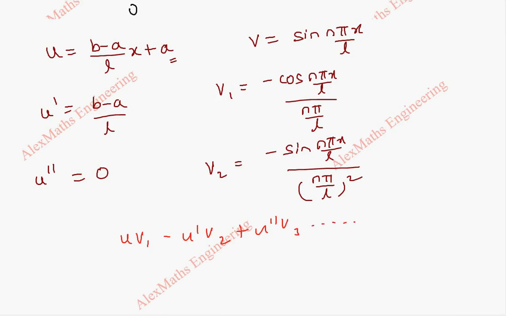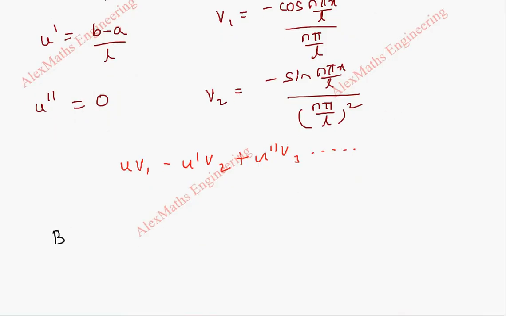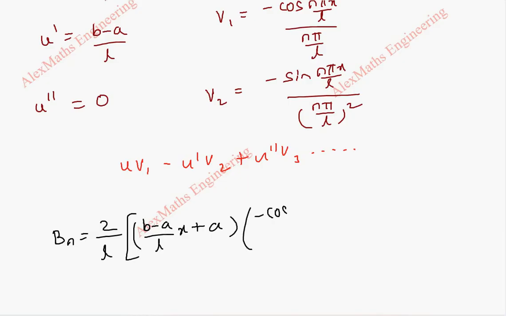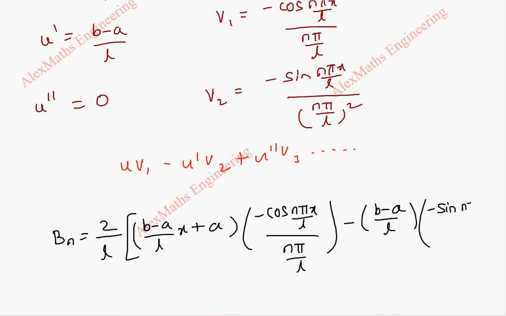So we have Bn, with 2 by L outside, u is b minus a by L x plus a, the whole thing into v1, which is minus cos(n pi x by L) by n pi by L, minus u dash, which is b minus a by L, into v2, which is minus sin(n pi x by L) by n pi by L whole square.